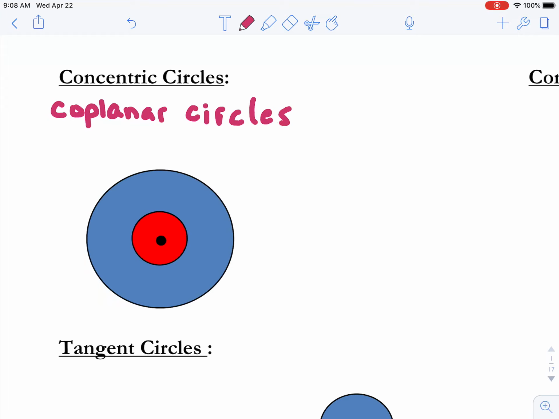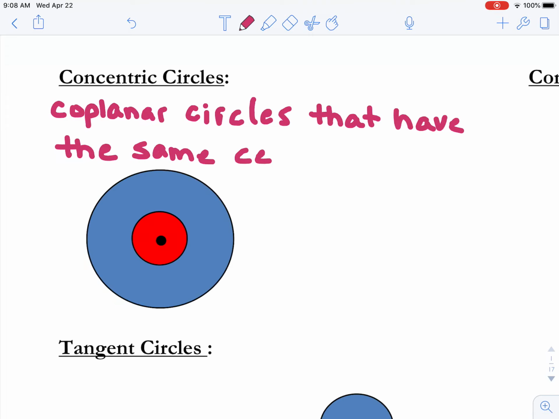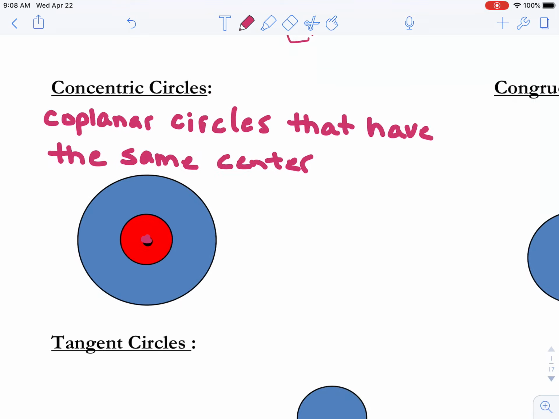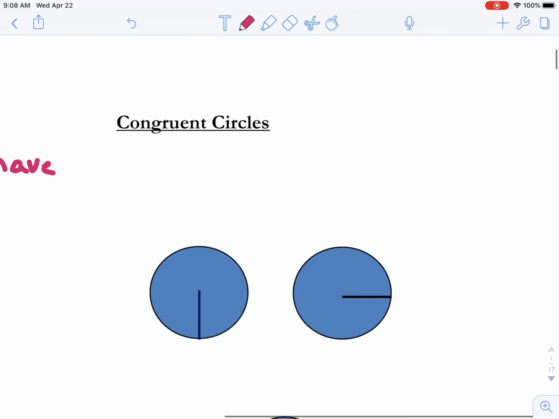If you notice it, you might see in here that they share the same center. So I have the big blue circle, the little red circle, both their centers are the black dot there in the middle.